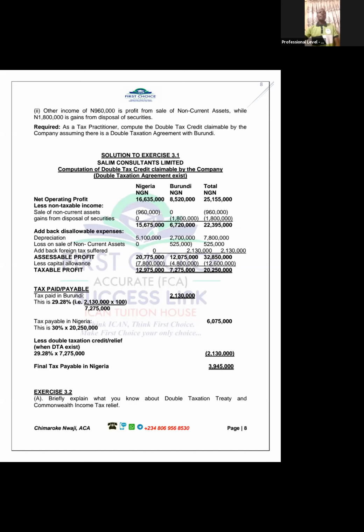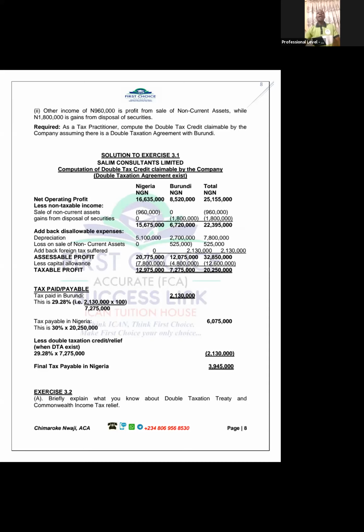So when we add back our tax suffered, we'll get our assessable profits. Mind you, tax is an allowable expense, but you have to look for the taxable profit first. So an assessable profit, and there is no way you can get it without adding back your tax. So we add our tax back because later we'll remove it after we've gotten our assessable profit and our taxable profit.